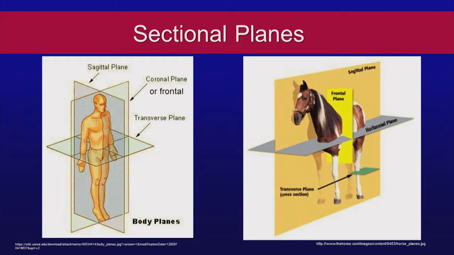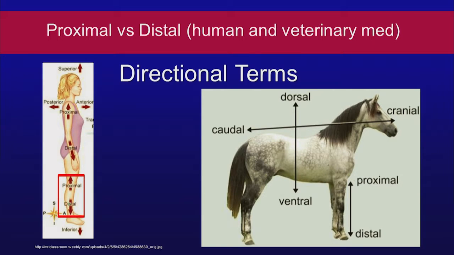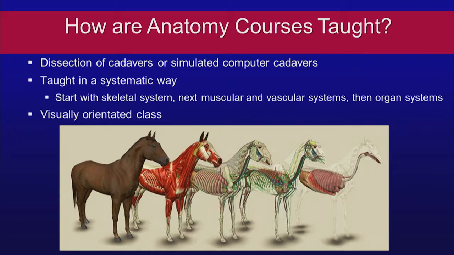Also, to help name components of anatomy are the planes, the section planes of the animals or people that we're speaking of. And then also directional terms. Dorsal is in the back, ventral is the belly, cranial is toward the head, caudal is toward the tail. These words appear in the names of different anatomical structures that we see.